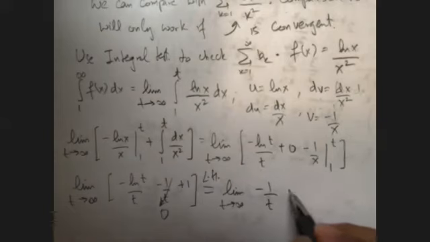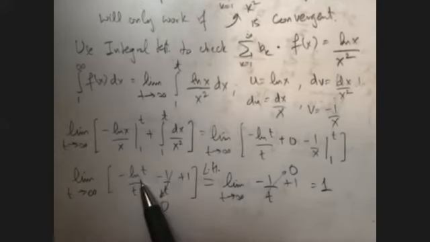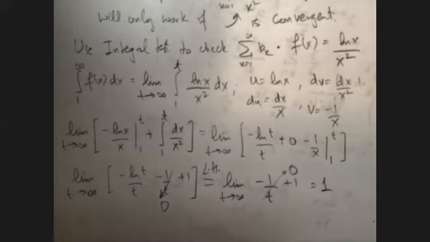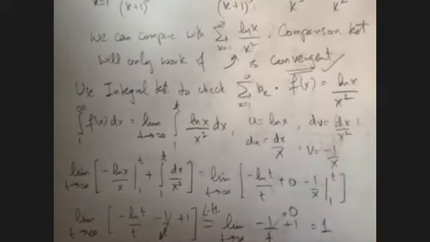Derivative of ln t is 1 over t, derivative of t is 1. This goes to 0, which is 1. So it means this is correct, that this is convergent. Therefore, AK is also convergent.